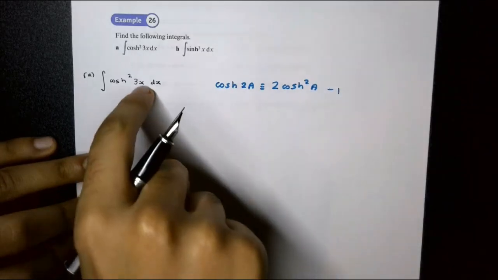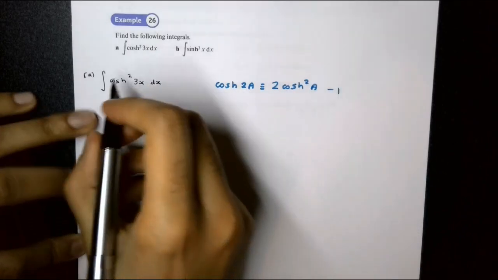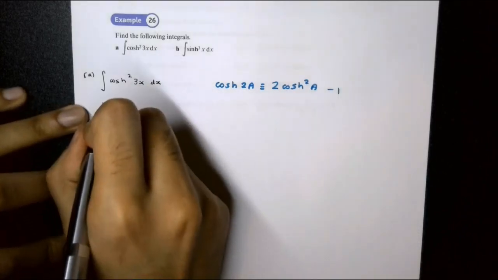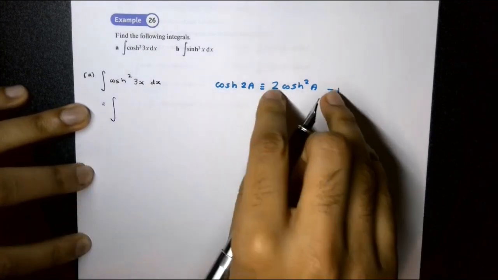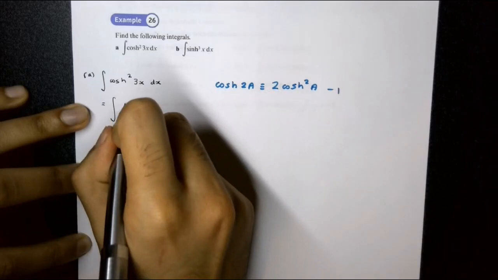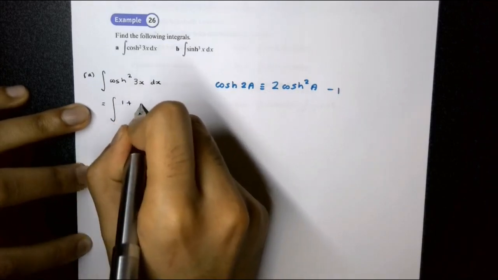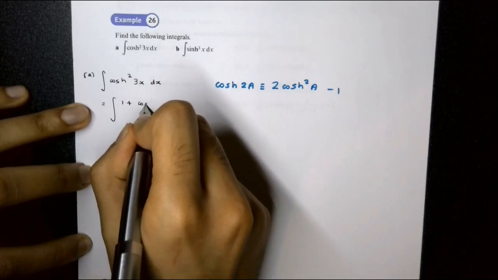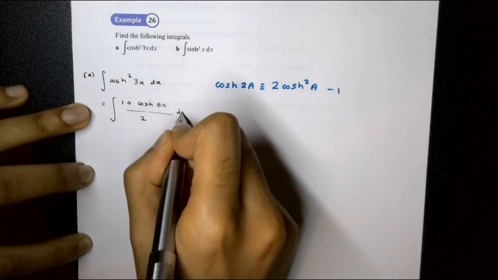And you can see here a is equal to 3x. So what we have over here then, if we rearrange this result, is the integral of 1 plus hyperbolic cosine of 6x all over 2 dx.